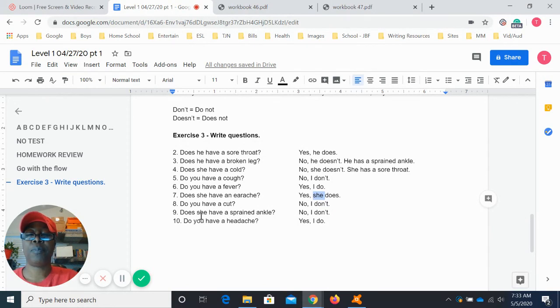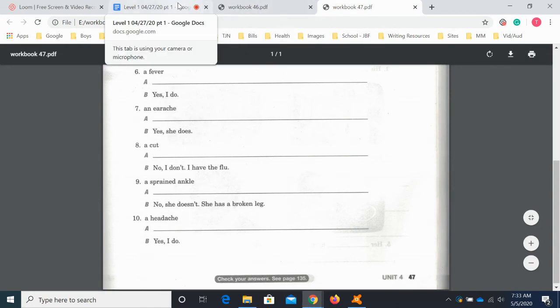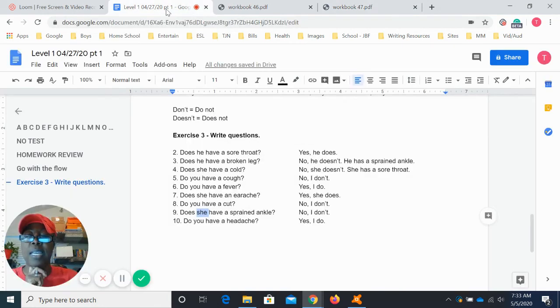Number 9, does she have a sprained ankle? So again, we're third person. Does she have a sprained ankle? Uh-oh. Let's see. Number 9. I might have written that one down wrong. It is she. Okay, does she have a sprained ankle?